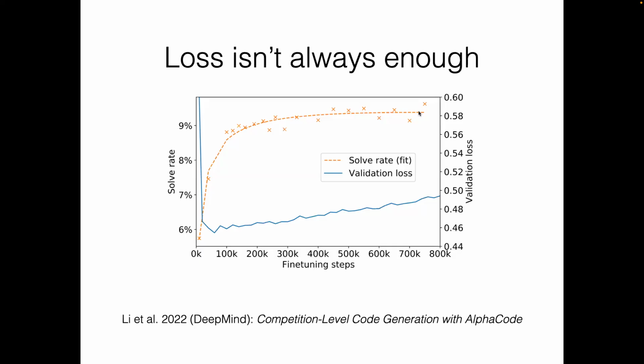So there are different reasons that this can happen. One is that there could be multiple solutions to a problem, and maybe the model prefers one and puts most of its probability mass on that. But then when you evaluate it, maybe the validation data set has a different solution.